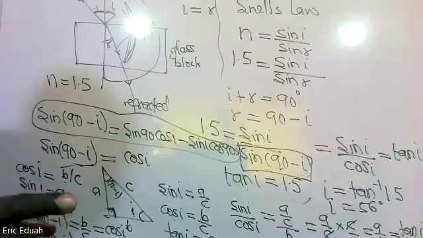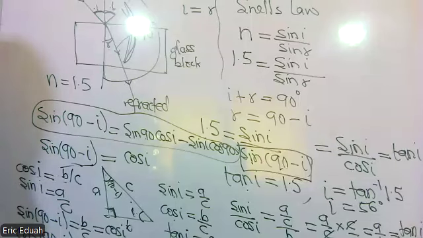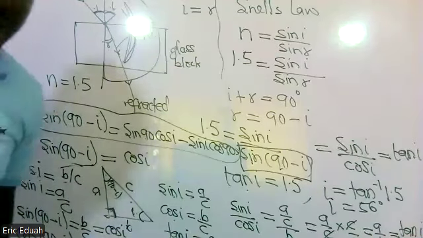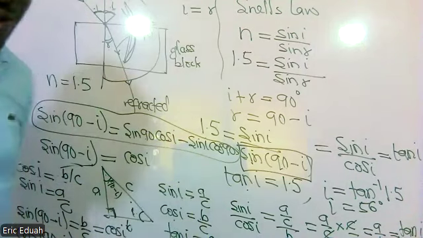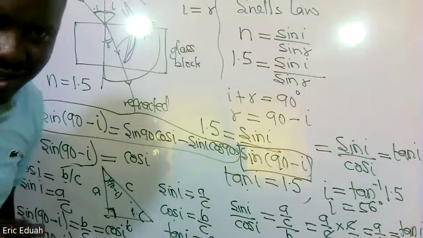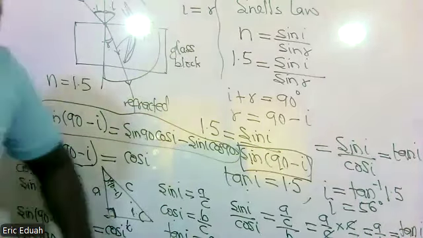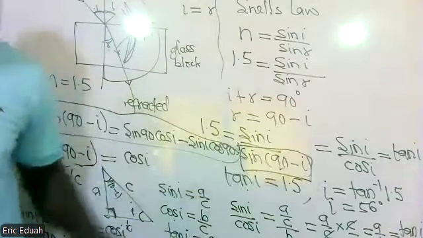Listen to the question very well. Reflection, 56. Good, 56. And for refraction, you subtract 56 from 90.